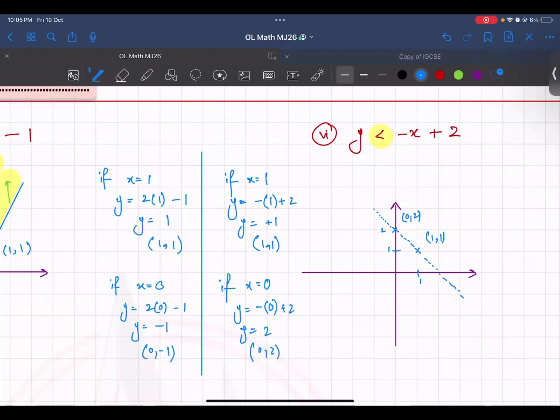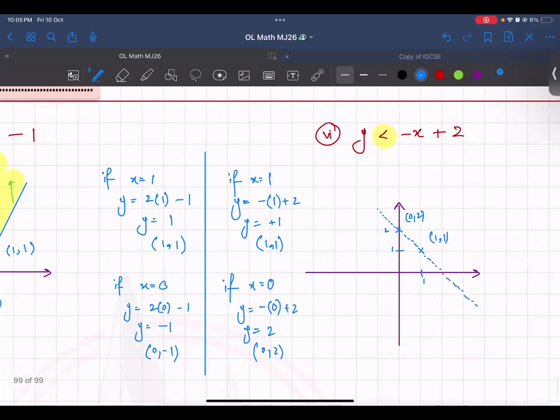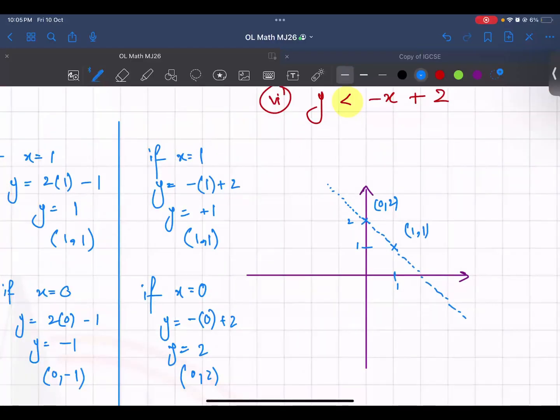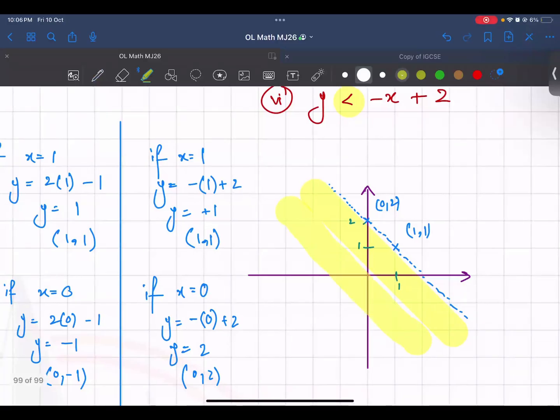You would make a dotted line passing through these 2 points. And then because it is less than, it should be no, left side is for left and right is only for the vertical lines. If it is a slant line, you will shade it below. Yes. So this region, everything below.